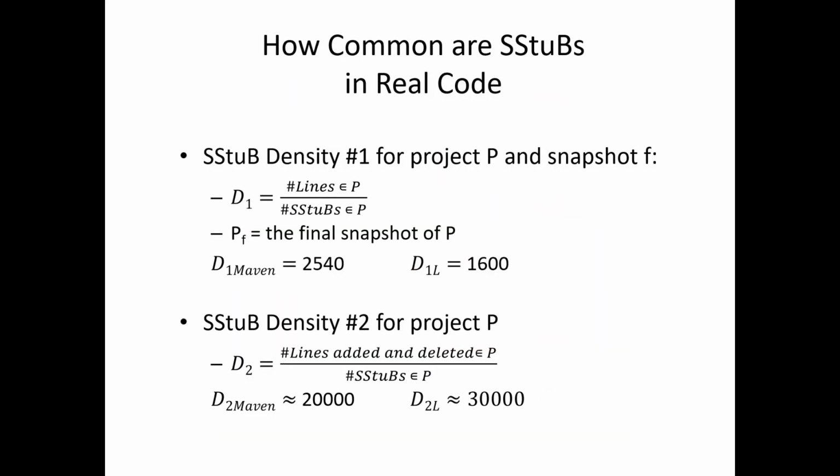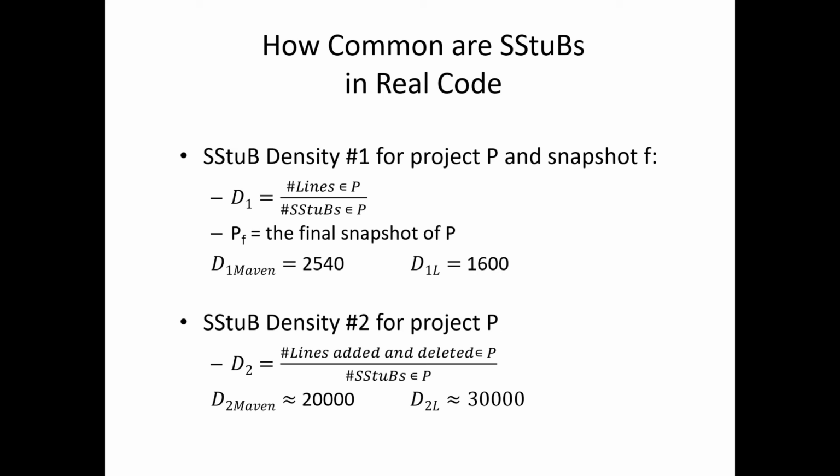Another thing we were interested in is, okay, these kinds of bugs exist in real code, but how common are they? So we define two densities. One looks at the project at a snapshot, and it's basically the number of lines divided by the number of stubs. We do this, for example, at the final snapshot.